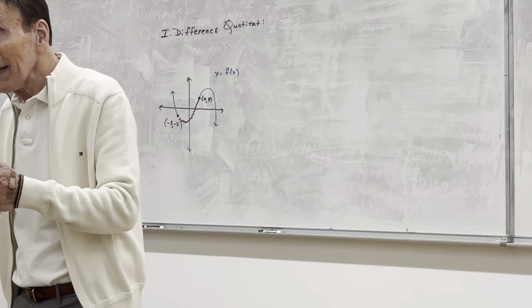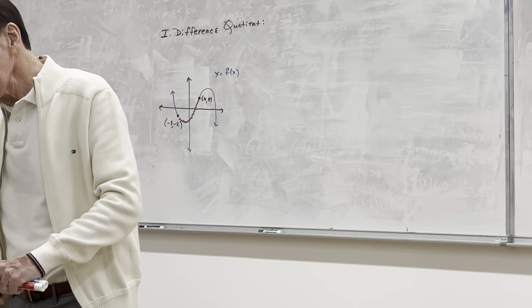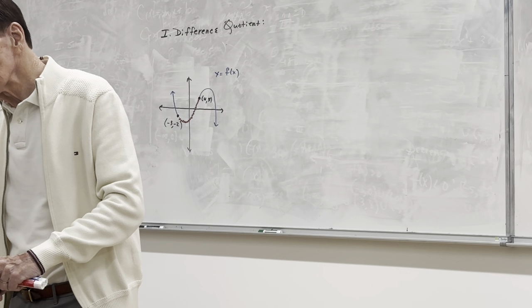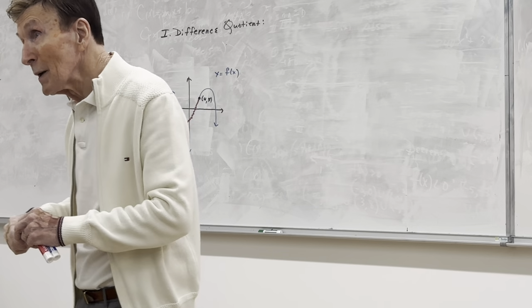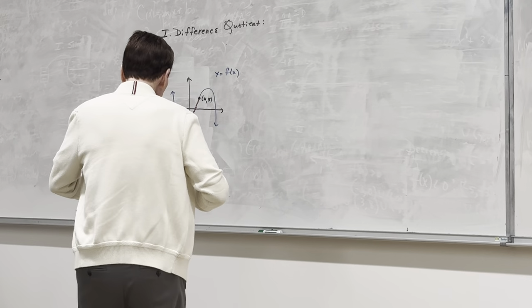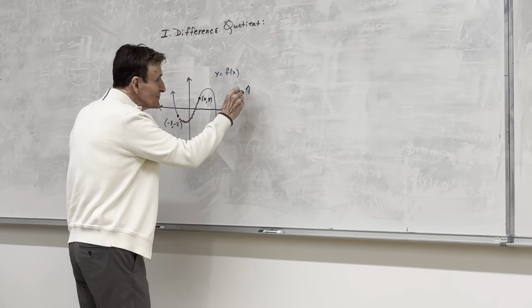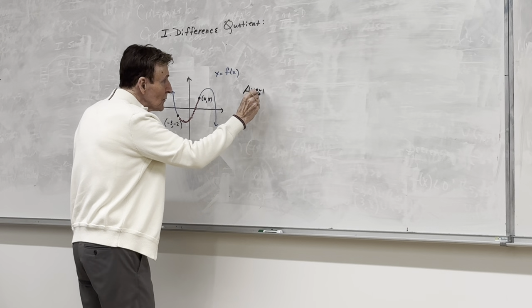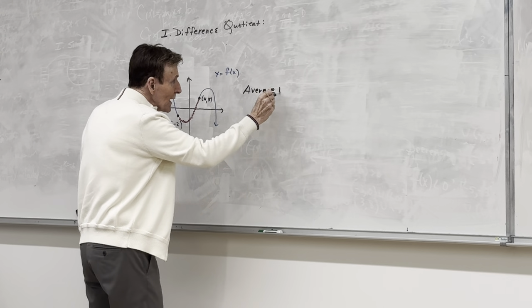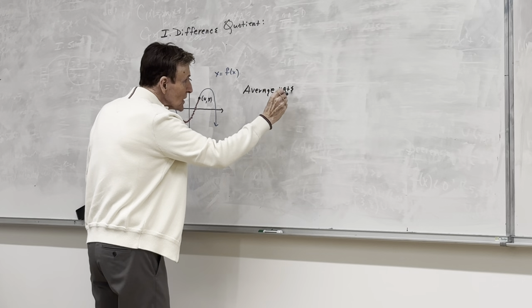What they want us to find in calculus is the average rate of change as you go from one point to the other. Point this out first. Average rate of change.